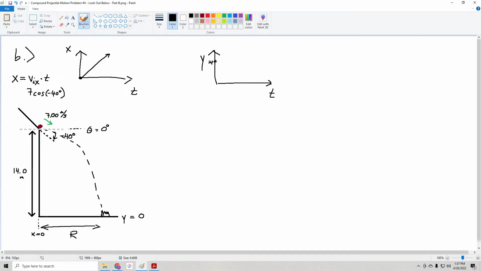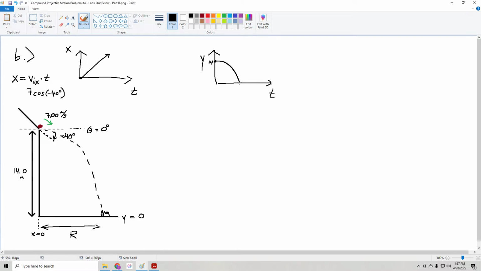What does the shape of this graph look like? Well, we actually know what the shape is already based on our picture. It looks like a downward parabola. That's the shape of the trajectory of the snowball as it falls down to the ground. So the shape of this graph is going to be very similar.